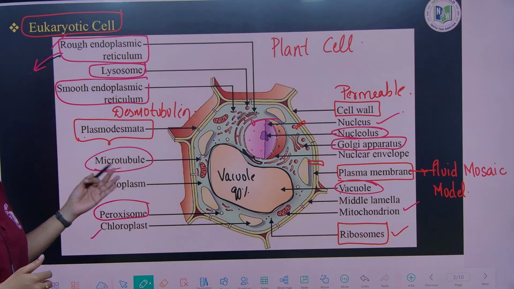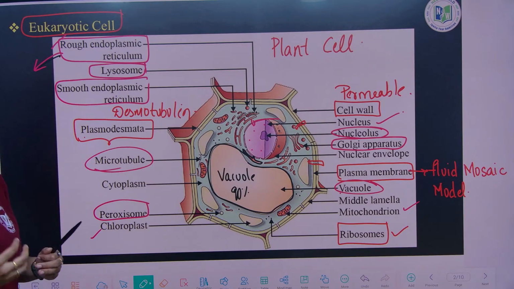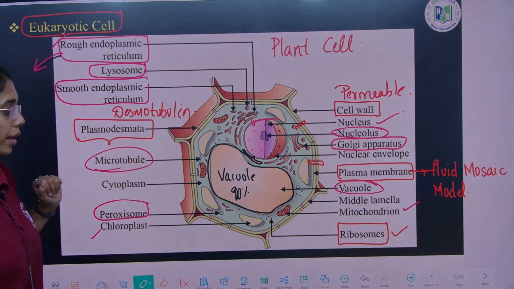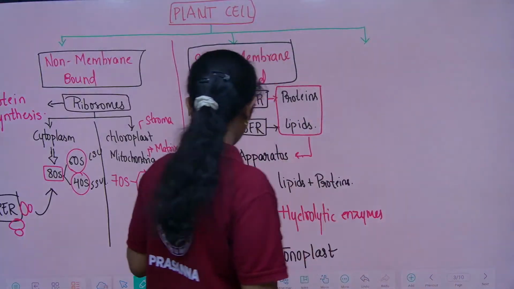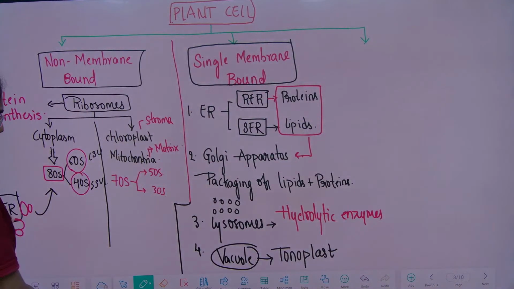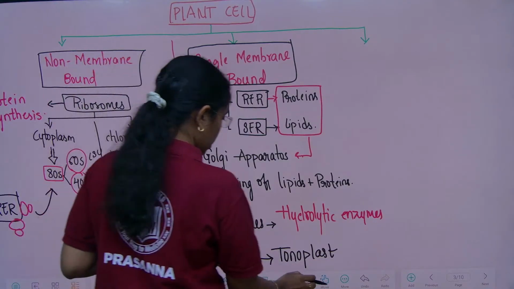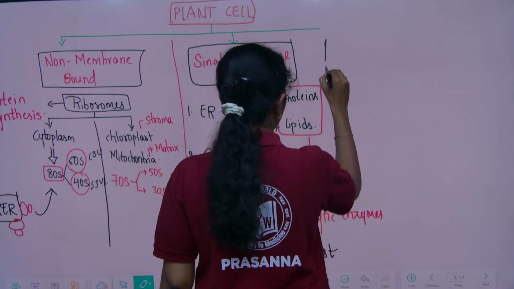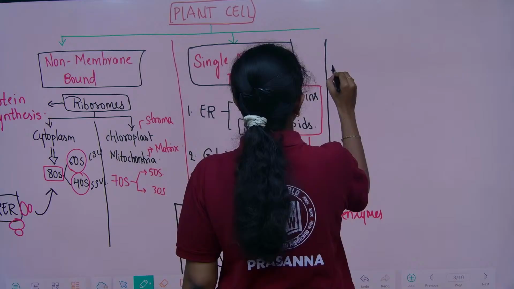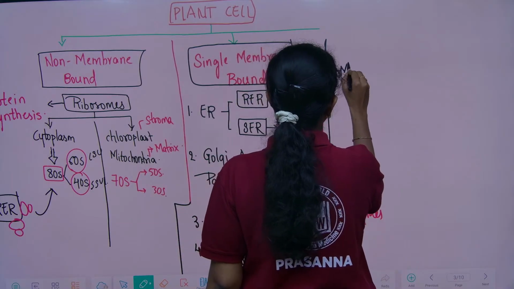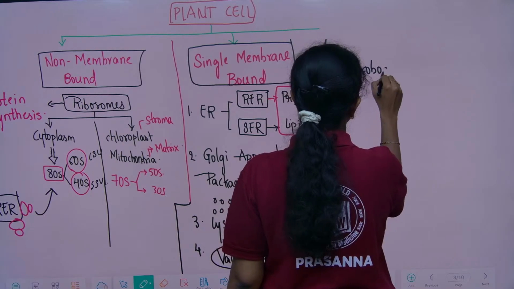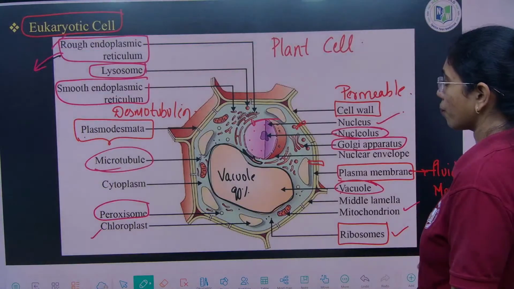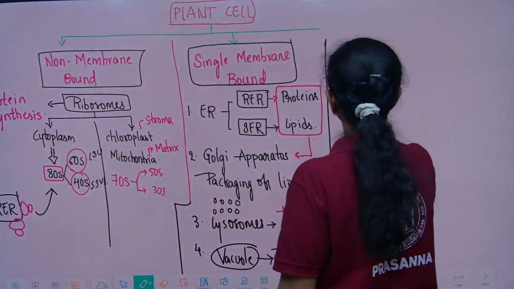Clear, right? When we discuss double membrane bound organelles, we will discuss in detail the components present in each of them. So, now the other single membrane bound organelles include microbodies and cytoskeleton structures.